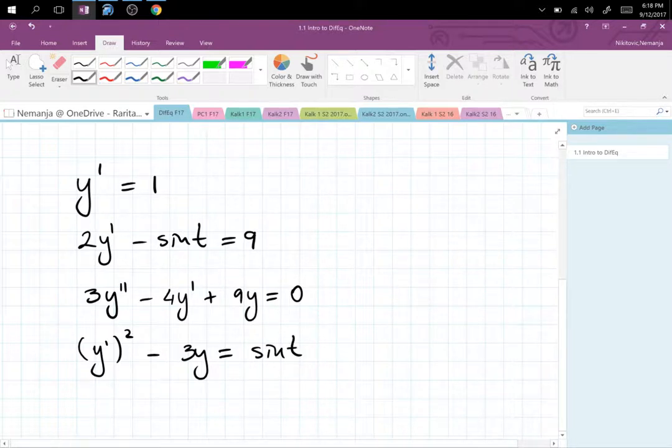Now this one would be nonlinear differential equation because we have derivatives squared. I can get more nonlinear equations by simply writing sine of y or sine of y prime. And these equations can get really crazy really fast.